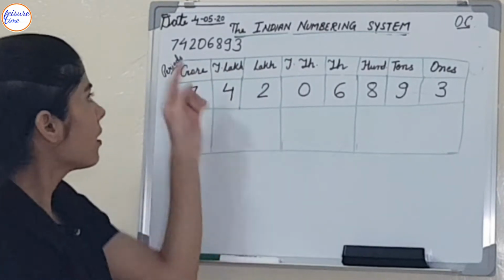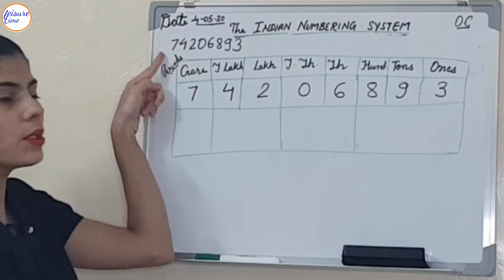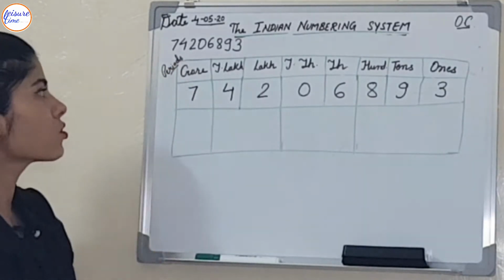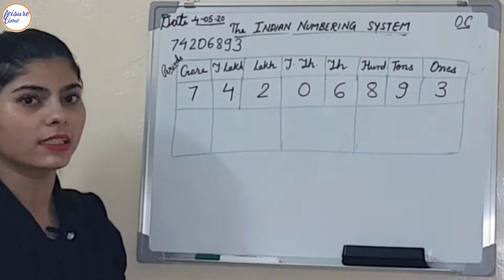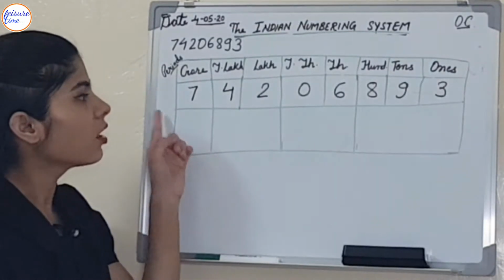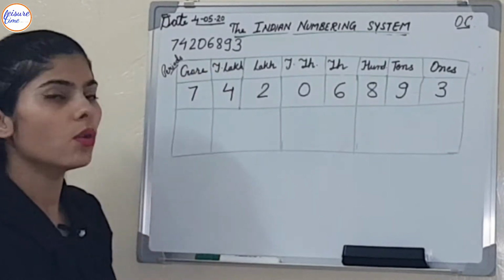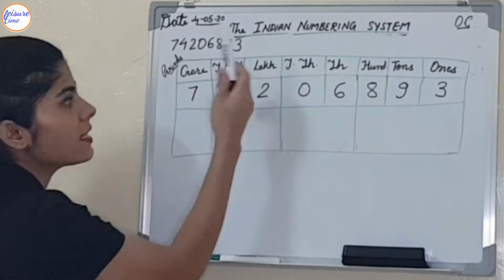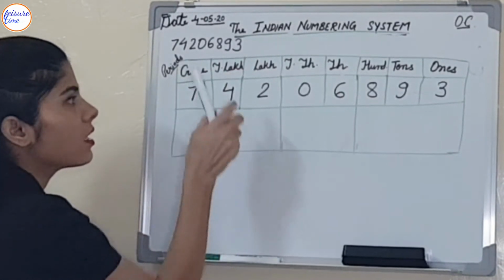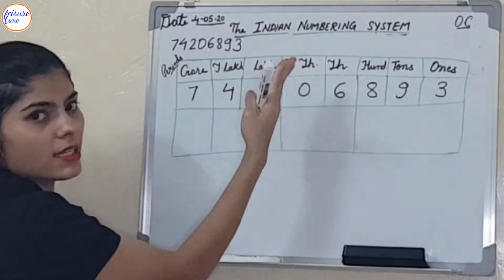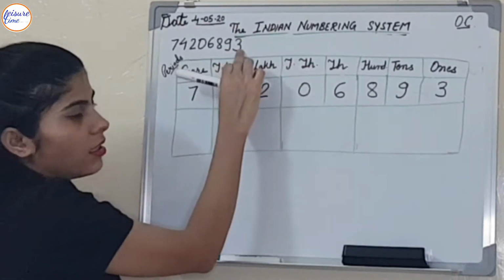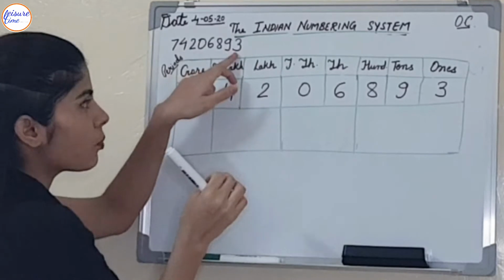As you can see, I already took the number 74206893. So we will group each and every number. We always start from the right hand side. In the right hand side we have the digit 3. What is this position?